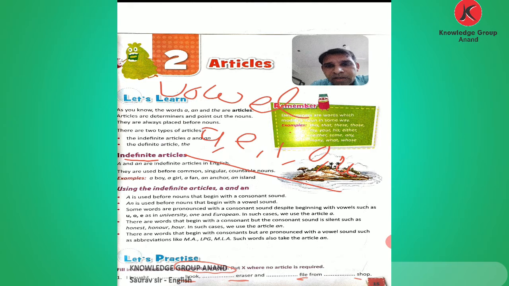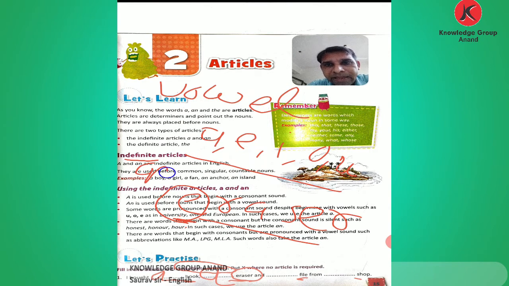If it starts with a consonant, what do we write? A. I bought a book. A eraser, sorry, here eraser starts with a vowel E and is pronounced with a vowel sound.